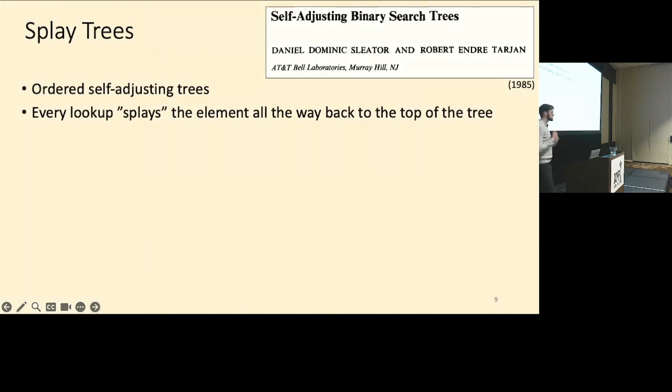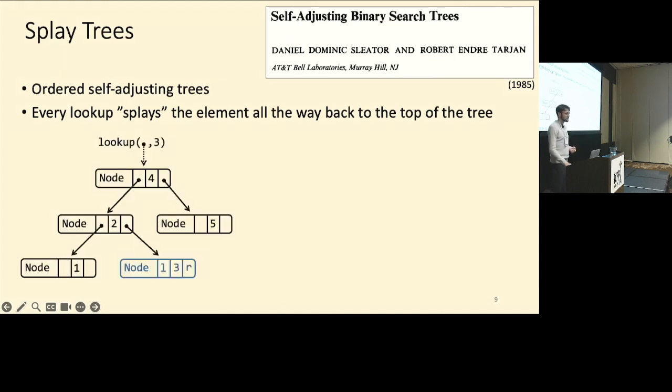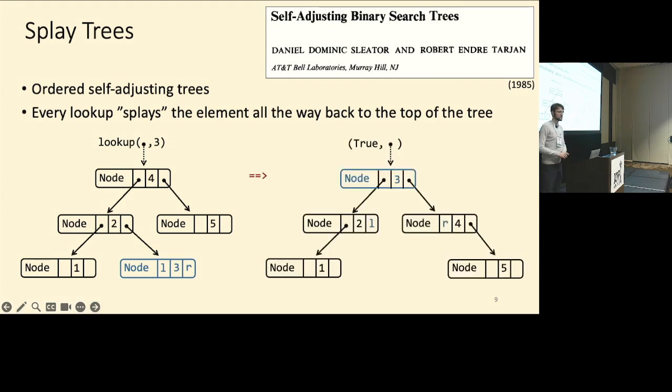All right. So splay trees are one of these core computer science data structures. They were introduced in 1985 by Sleator and Tarjan, and they are self-adjusting binary search trees. And the core idea behind a splay tree is that if you have a splay tree like this and you want to access an element, you have to move this element to the root of the tree. So that's the description of the algorithm. You can see here that we try to look up the third element, and once we're done, the third element should be at the root of the tree.